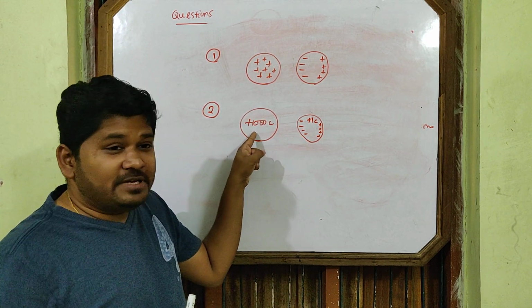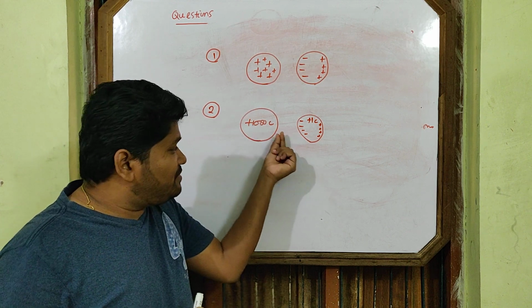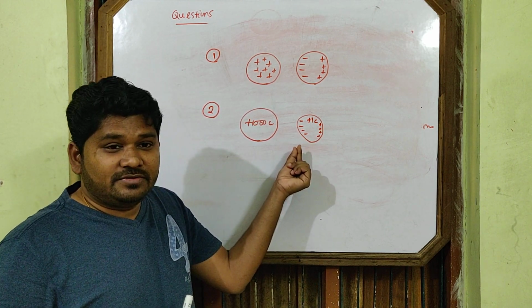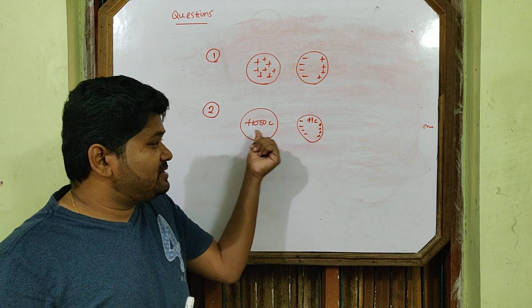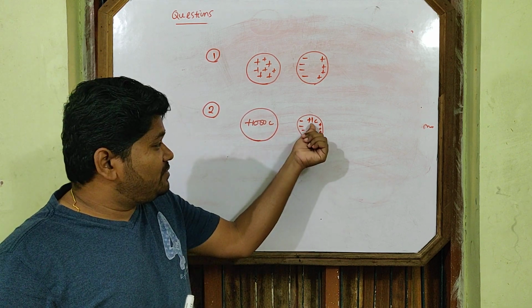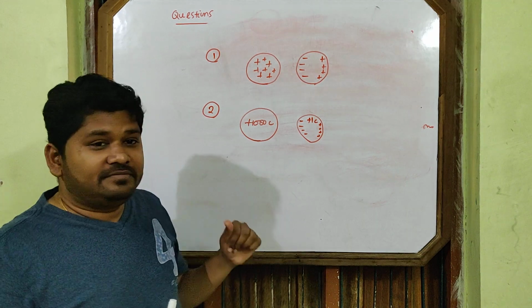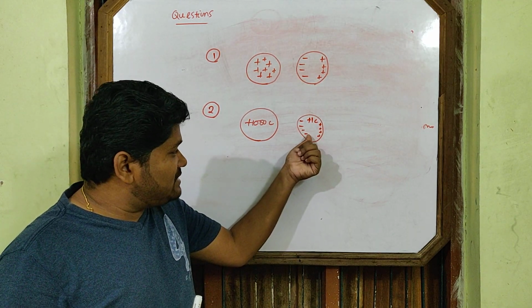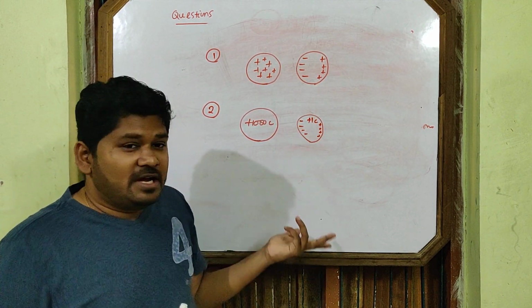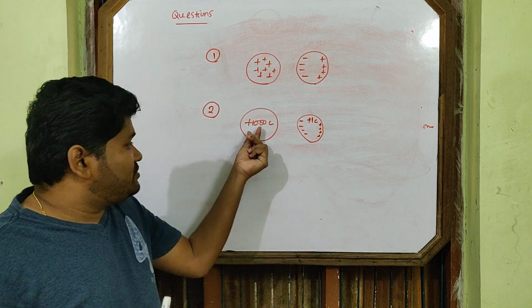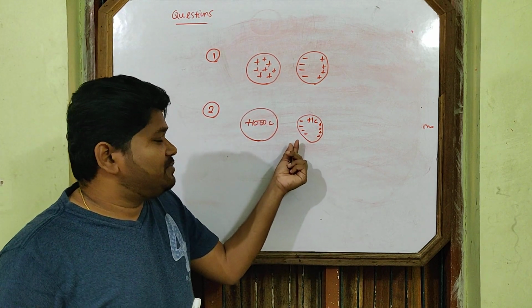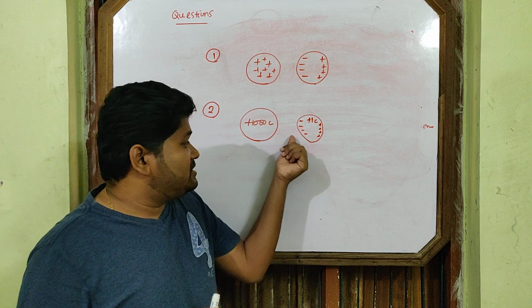Its charge magnitude is very large, so some number of negative charges must be induced, and plus 1 coulomb will be neglected in comparison. Suppose it may induce minus 10 coulomb.